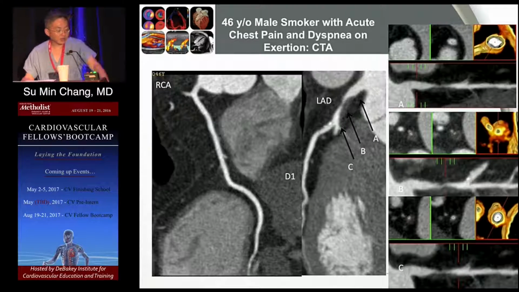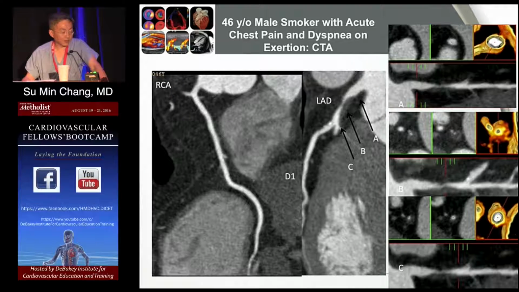Versus this patient, who again has a very high-risk plaque in the LAD, basically non-calcific plaque, positive remodeling, a little bit of calcification. So all those are considered high-risk features for plaque. And again, this is one of the major advantages of CT compared even to the coronary angiogram. You'll be able to look at the plaque characteristics, unless you couple IVUS or CT with your cath, which obviously is not done routinely.